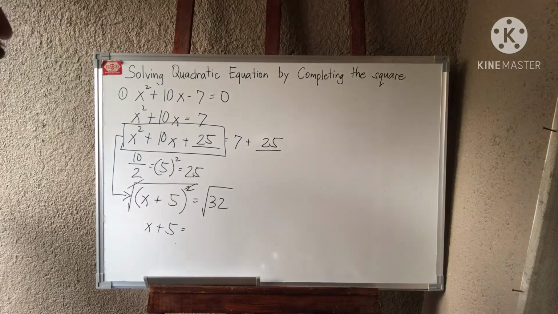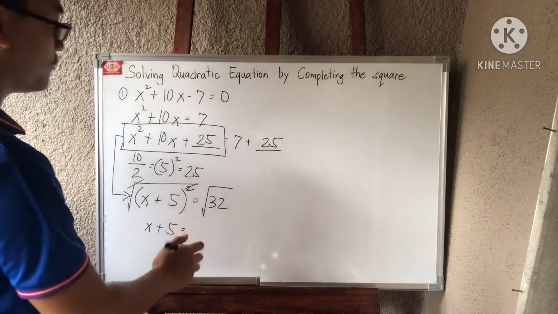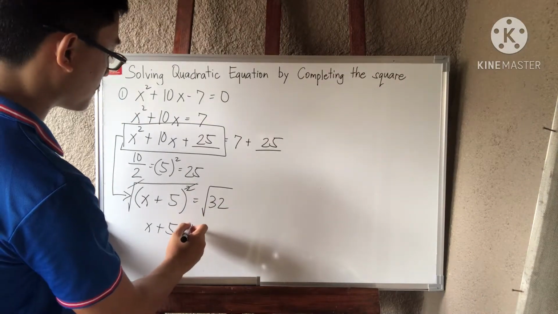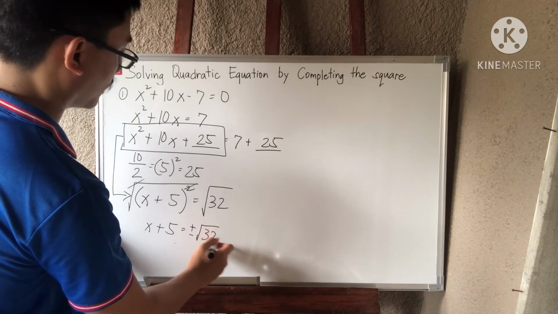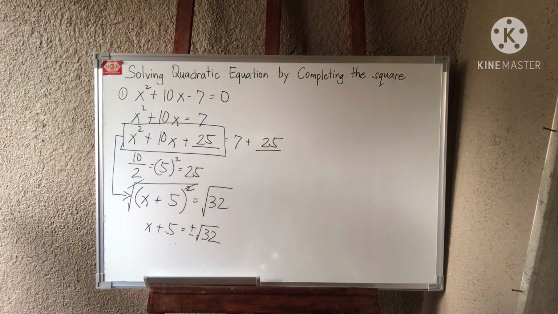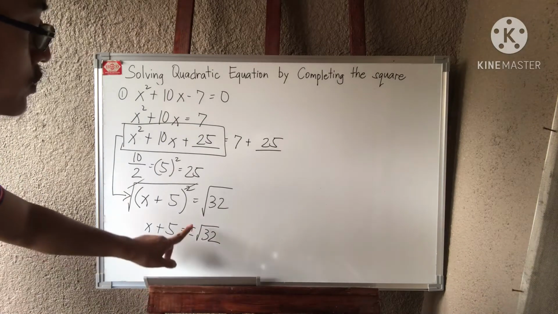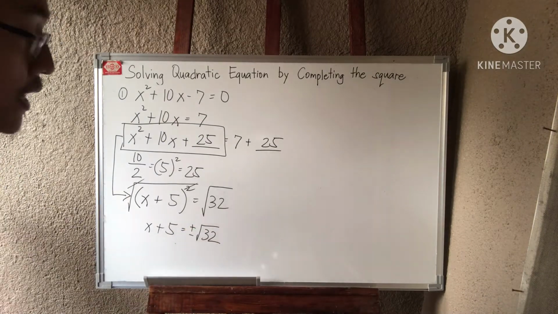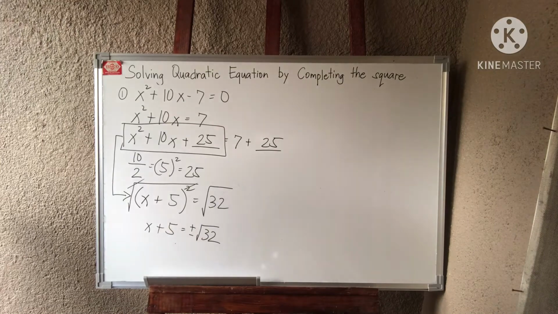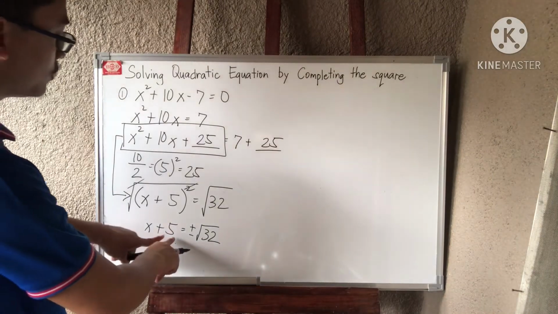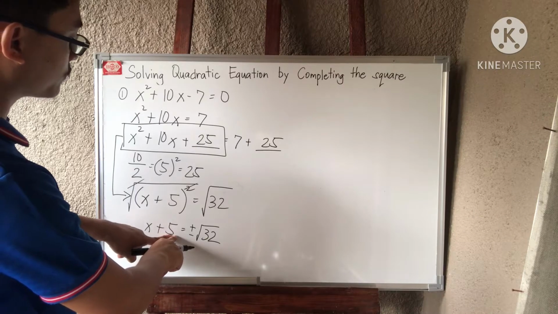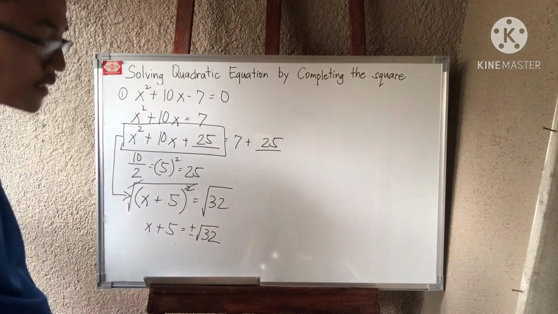Since ang 32 is not perfect square, we leave it as positive, negative square root of 32. Diba sa extracting square roots, laging may positive, negative. Then, to solve for x, we just transpose 5 to the right side.